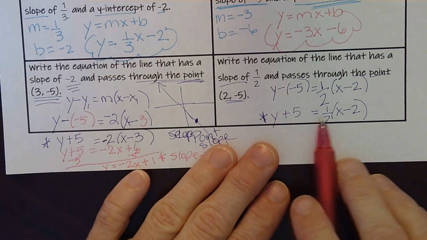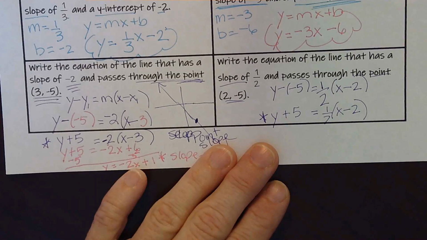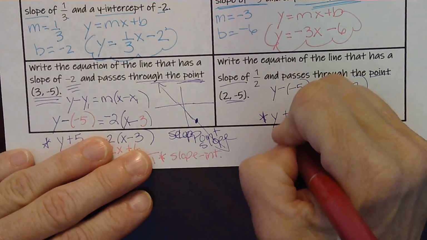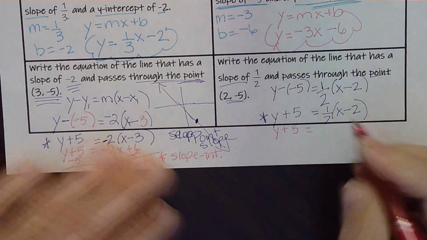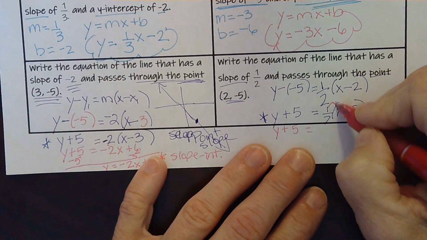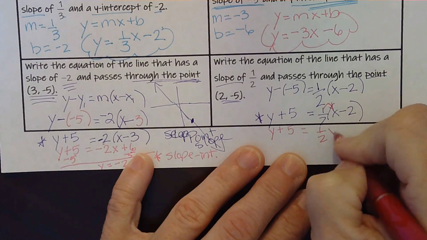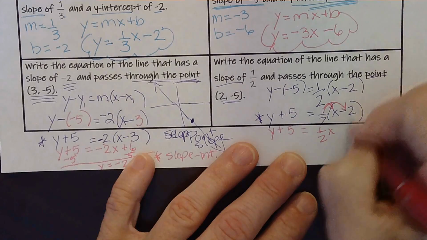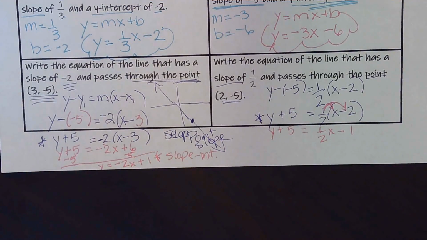So let's do that with this equation here. The first thing I'll do is get rid of the parentheses by multiplying. So I have y plus 5 equals, when I multiply 1/2 by x, I get 1/2 x. When I multiply 1/2 by negative 2, I ultimately get negative 1.